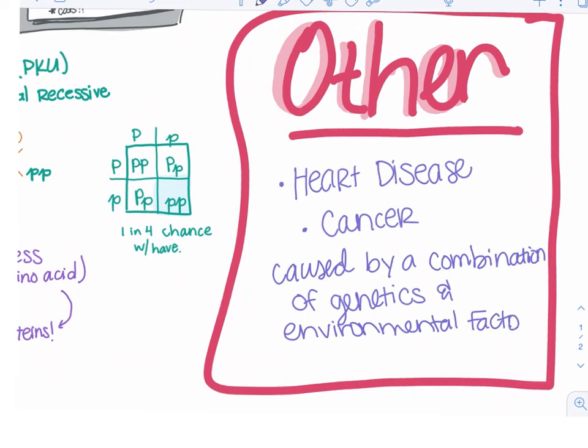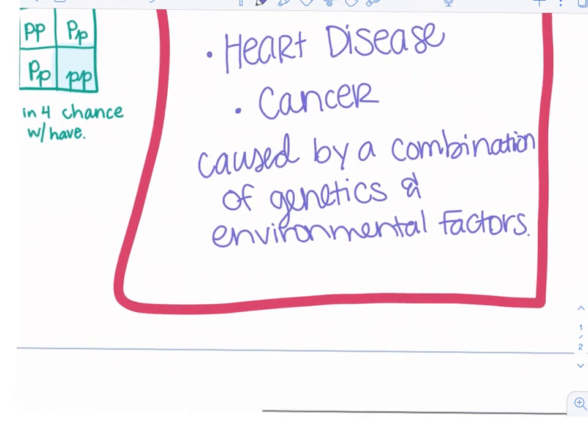Heart disease and cancer both are said to run in families, which means there are certain genes that they have identified that don't necessarily determine that you will have heart disease or cancer, but they put you at a higher risk for developing heart disease or maybe cancer. And that's outside of your control, right?